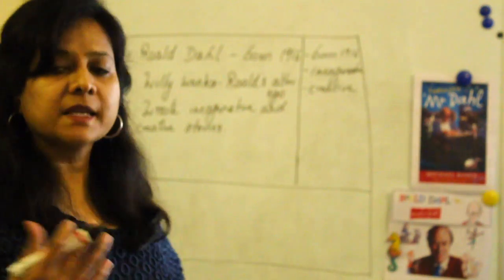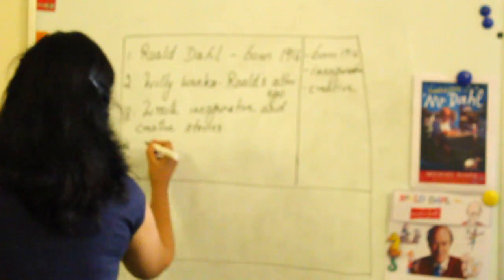Okay. The next thing we heard was that he was raised by his mother and his father died when Roald was 3 years old.